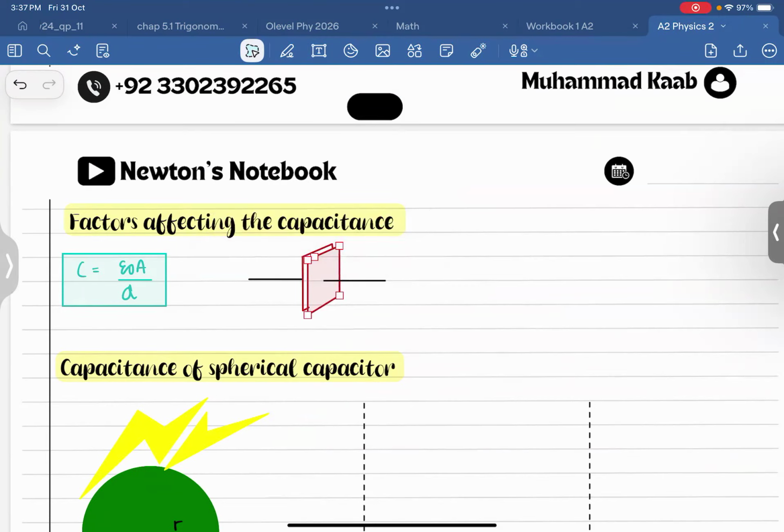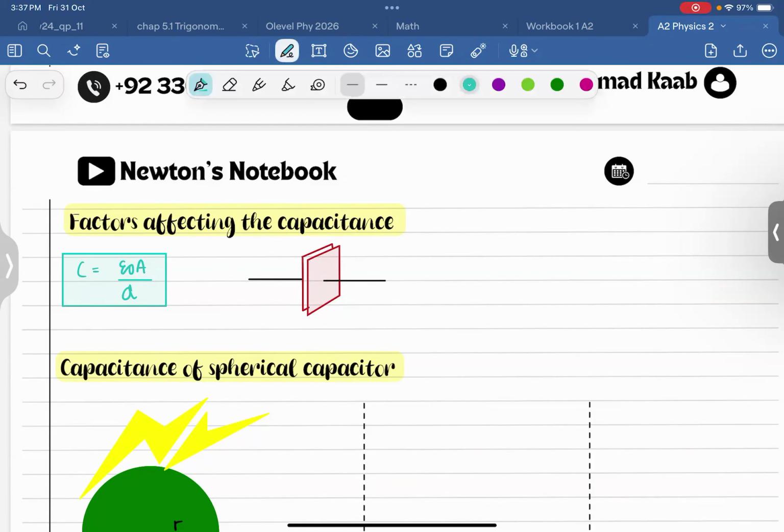The first one is epsilon naught, which is basically the medium between the capacitor. Although in most cases epsilon naught remains the same, the first factor that affects the capacitance is epsilon naught, which is the medium.